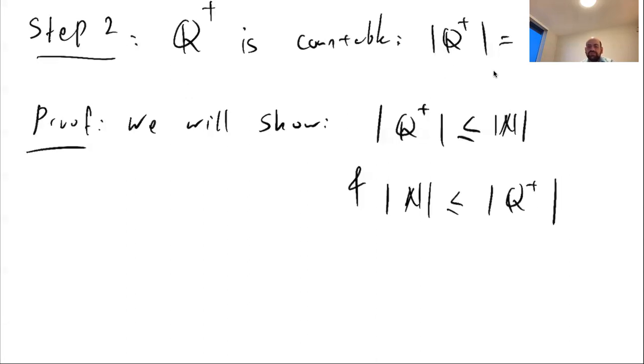Why? Do you remember from last lecture? We saw this. It was called the Schroeder-Bernstein theorem. It was saying that if you have two sets, A and B, the cardinality of A is less than or equal to the cardinality of B, and the cardinality of B is less than or equal to the cardinality of A, then the cardinality of A and B must be equal, right?